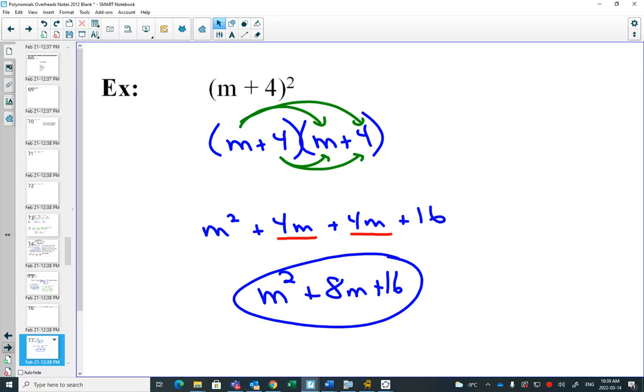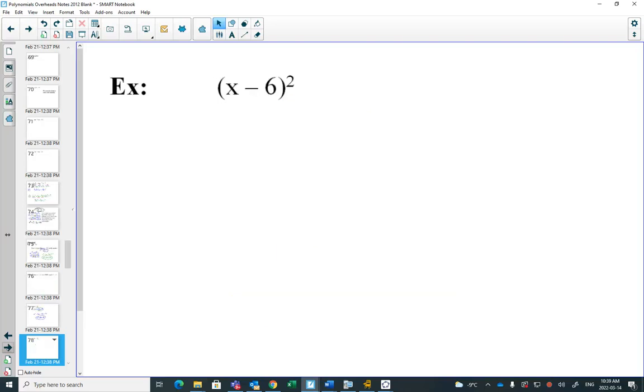Okay. Let's see how these went. There's the answer for the first one. Here is the answer for the second one. x minus 6 times x minus 6.